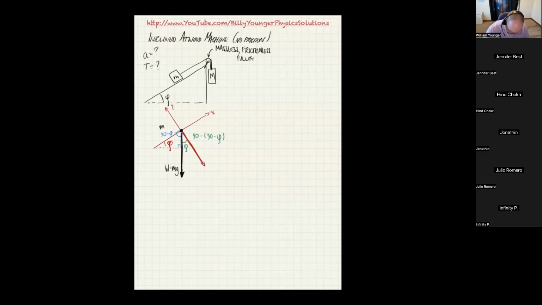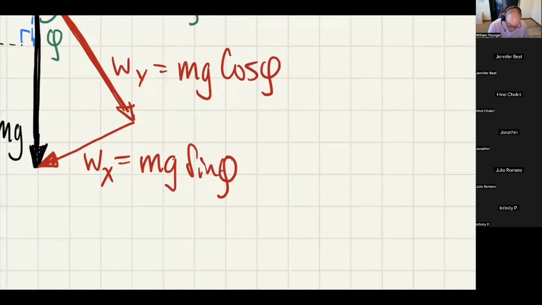So that right there is the weight sub y, and this right here is the weight sub x. From trigonometry, you can see that the weight sub x would be mg sine phi, and the weight sub y would be mg cosine phi. Everybody agree with that? Does that seem reasonable to everyone?